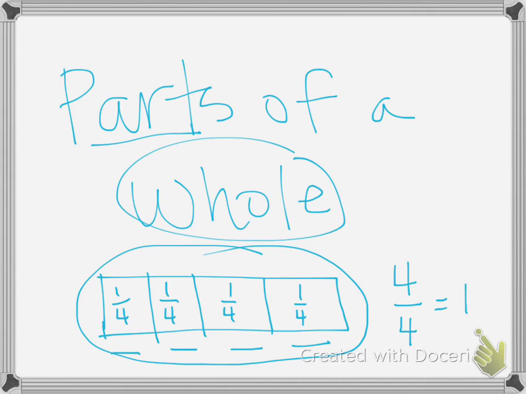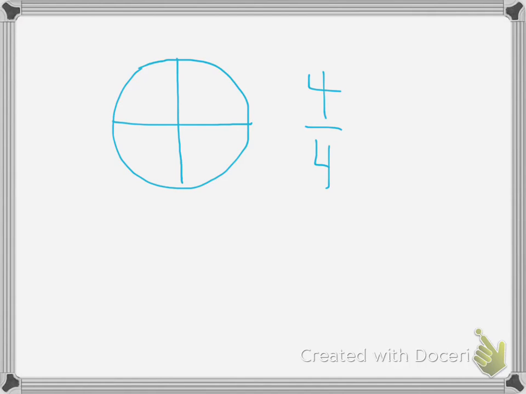Therefore, you've got 4 parts of a whole. If you looked at it like in a circle, that's divided into 4 sections, it's the same thing. It's 4 out of 4. And each quarter is 1/4.